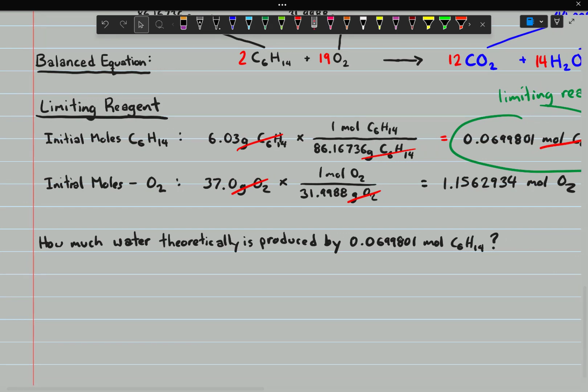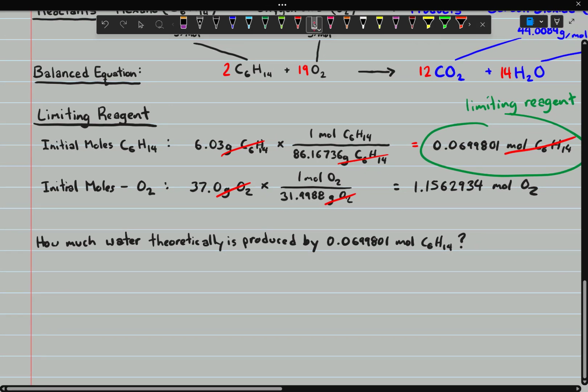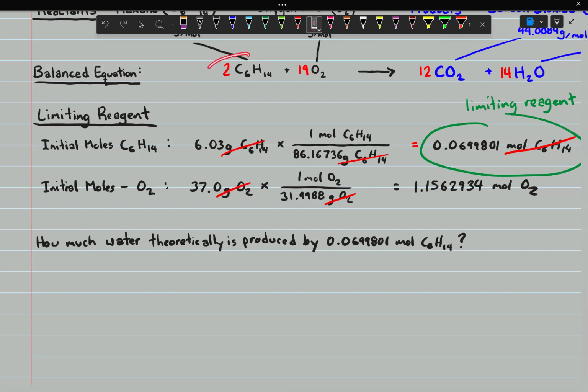As we did in the previous problem, all we need to do to find that out is use the molar ratio. So for every 2 moles of hexane, we produce 14 moles of H2O.